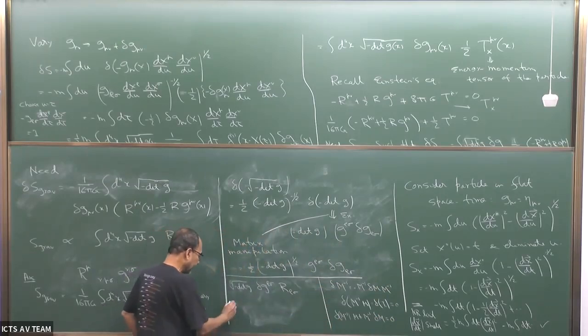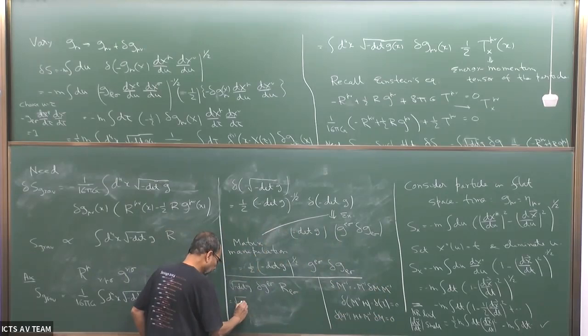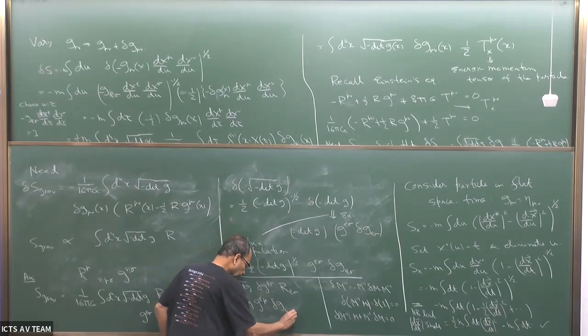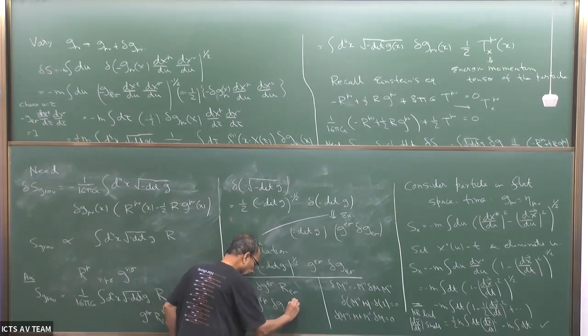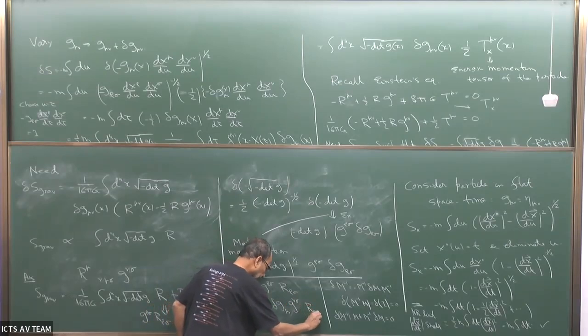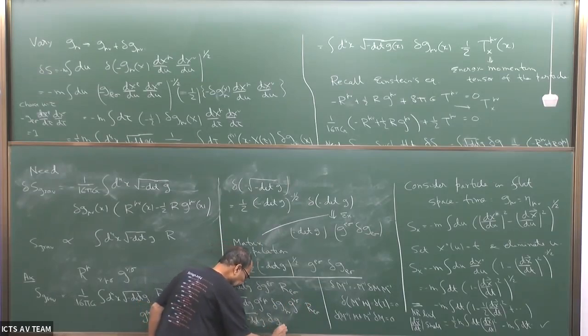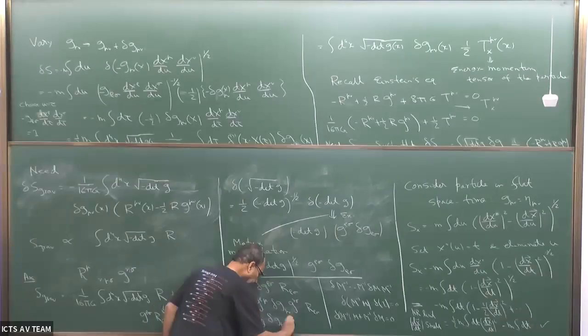So this then can be written as minus square root of determinant g, g rho tau, g rho mu, delta g mu nu, g mu sigma R rho sigma, and that's nothing but square root of minus determinant g delta g mu nu R mu nu.